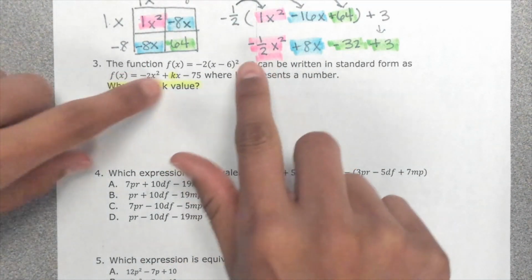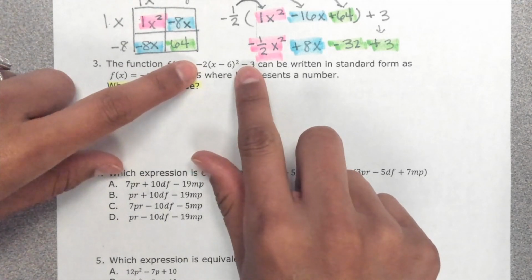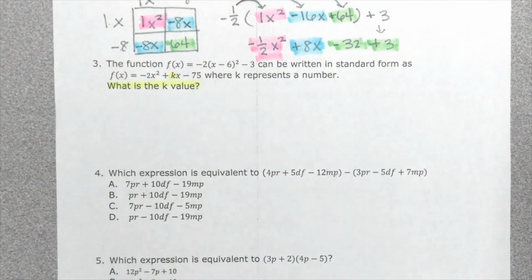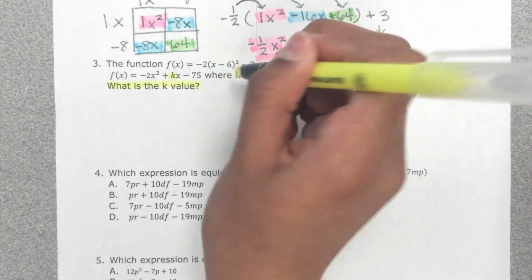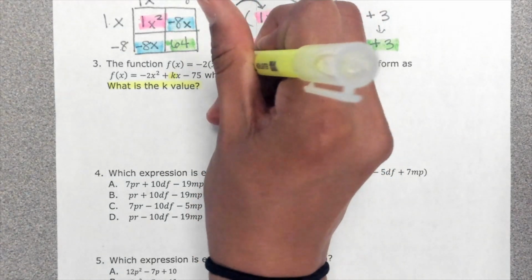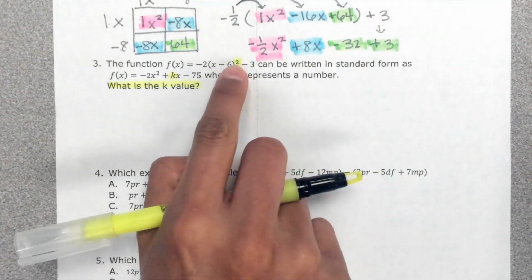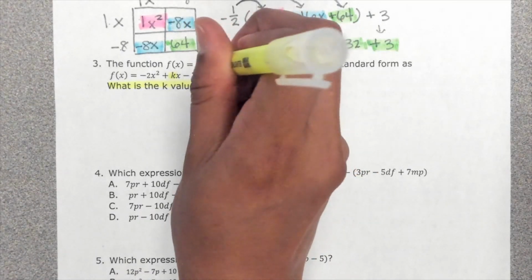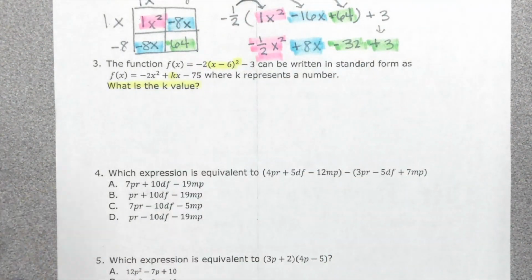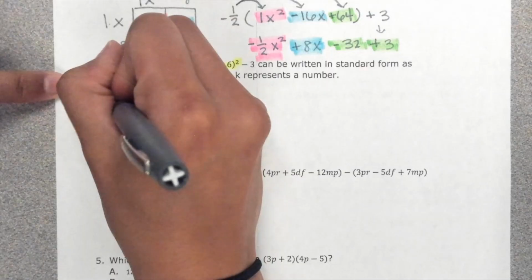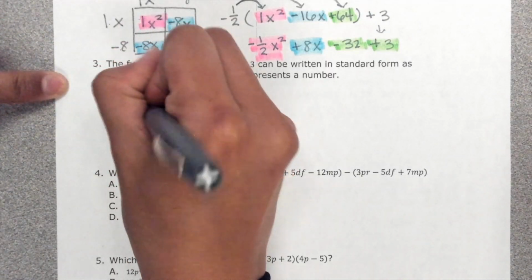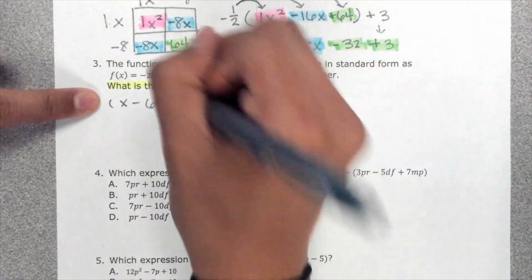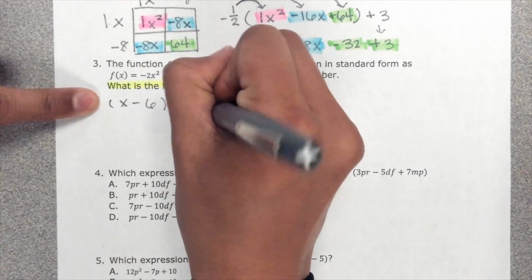However, we have to turn this into standard form first. So we are going to start with our parentheses, that square. That square means that there are 2 of these, x minus 6. So we're going to take x minus 6 and we're going to do 2, x minus 6.